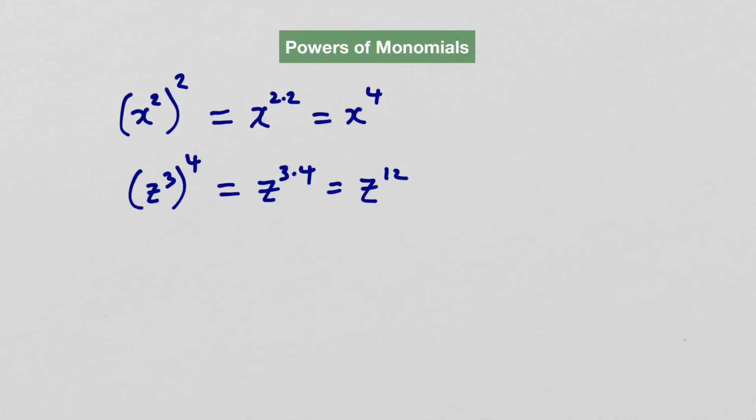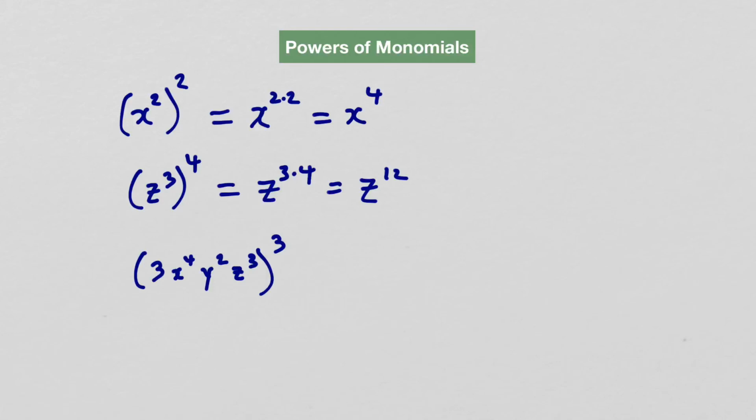Okay, we're going to do one more example, except I'm going to have multiple components in here. Okay, don't let this confuse you. Follow the rules. So let's say we have (3 x to the 4th, y to the 2nd, z to the 3rd), all raised to the 3rd power.